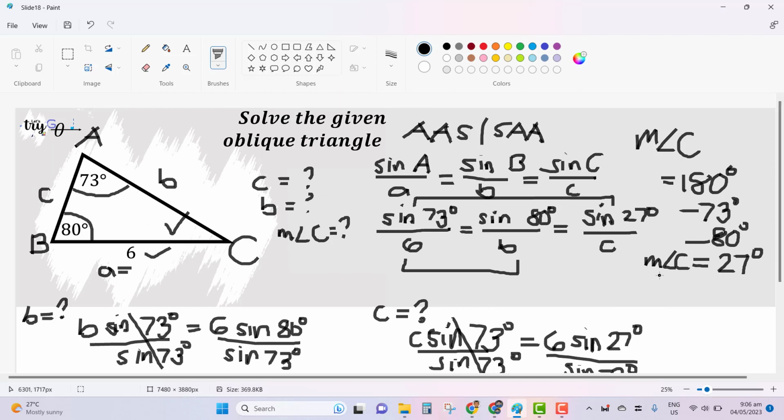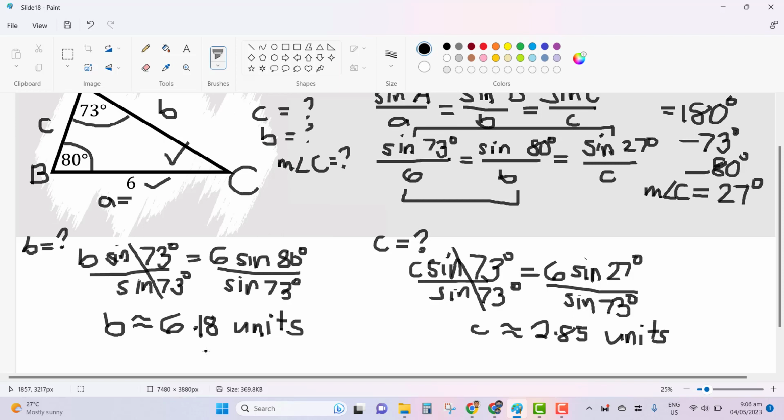We already solved the measurement of angle C first using the triangle angle sum theorem, and used the law of sines to solve for the remaining side measurements. Before we end this video, we can always use the concept that the side directly opposite the largest angle is your longest side, and conversely, the side directly opposite the smallest angle is your shortest side.